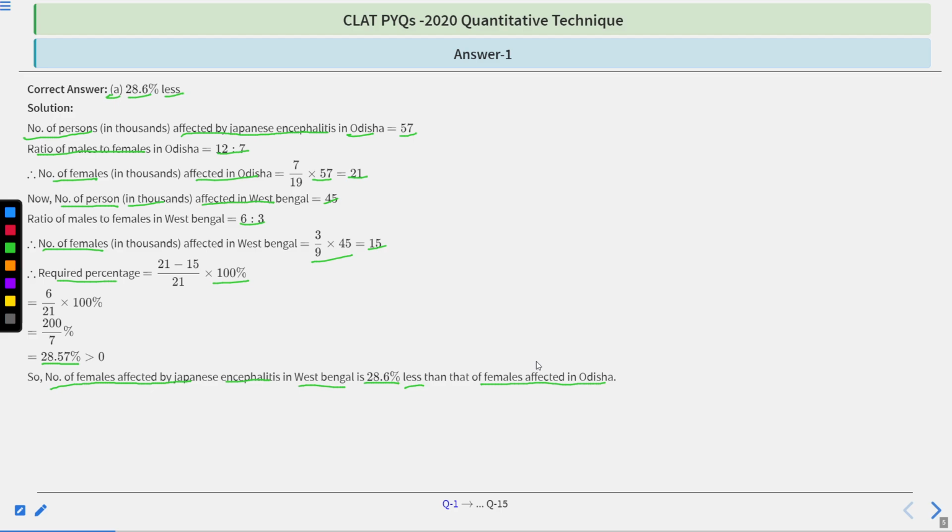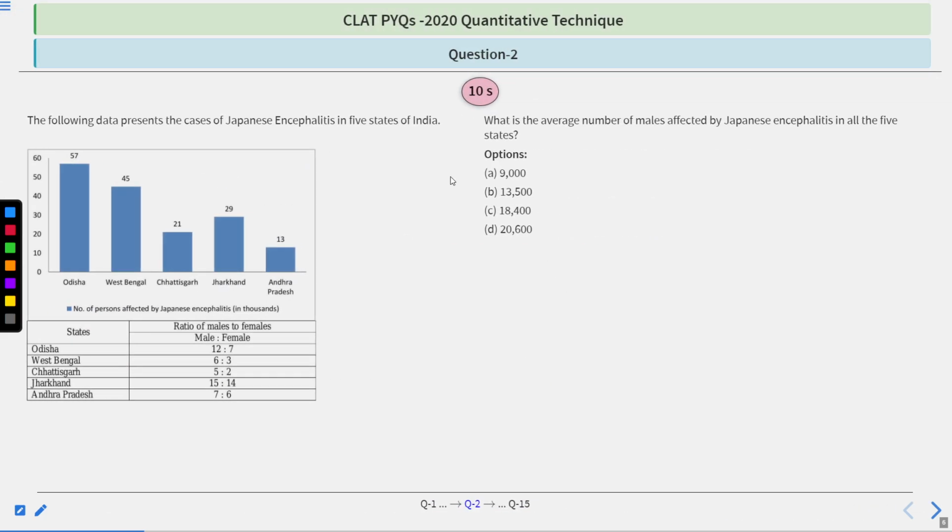I hope it is clear to you. Let's move to the next question. Here, the same data is given to you. Let me quickly go through it. You have data of the number of population, male or female, affected by Japanese encephalitis. In Odisha 57, West Bengal 45, Chhattisgarh 21, Jharkhand 29, Andhra Pradesh 13. All data is in thousands.